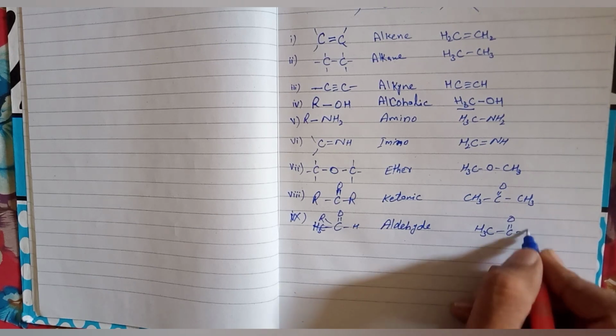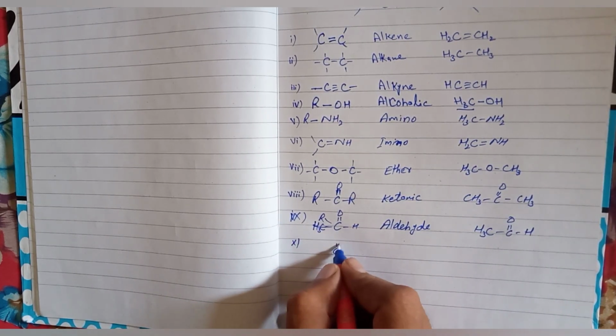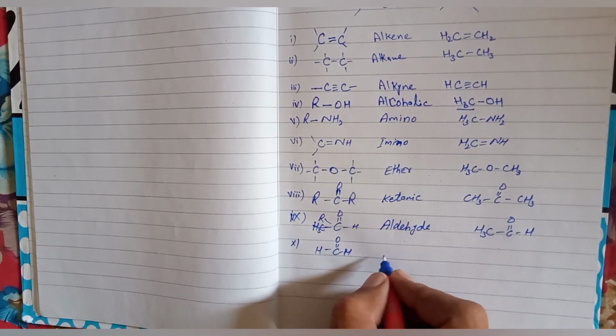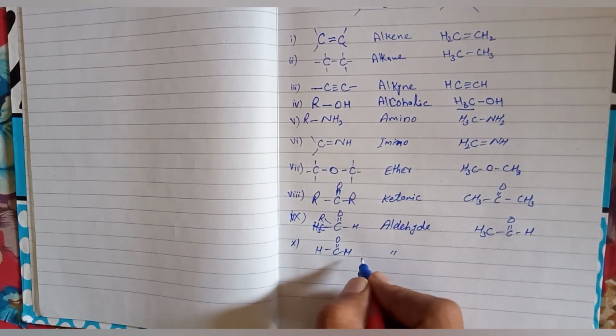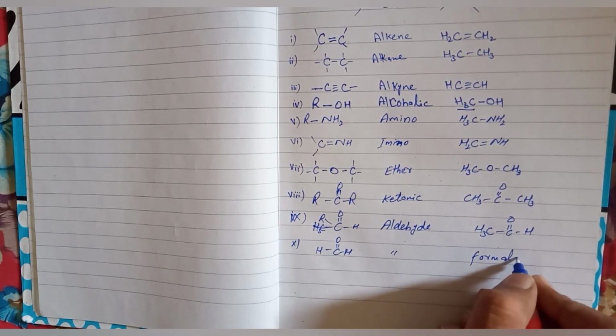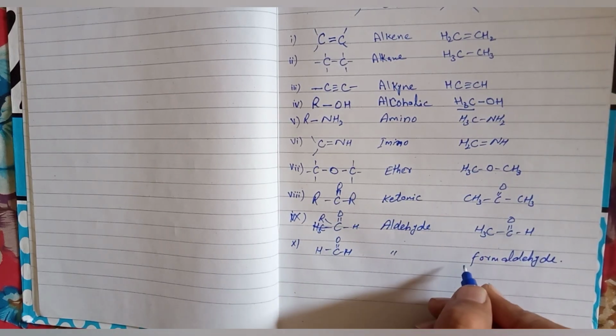This is called acetaldehyde. If the carbonyl group is attached on both sides to hydrogen, this is also an aldehyde functional group, and this aldehyde is called formaldehyde. Is it clear?